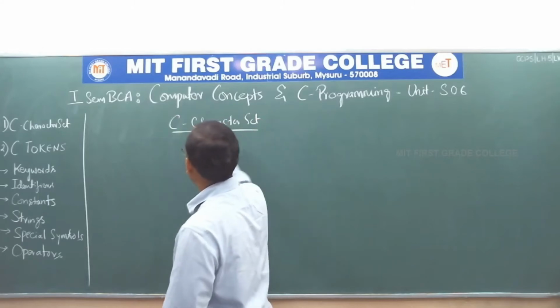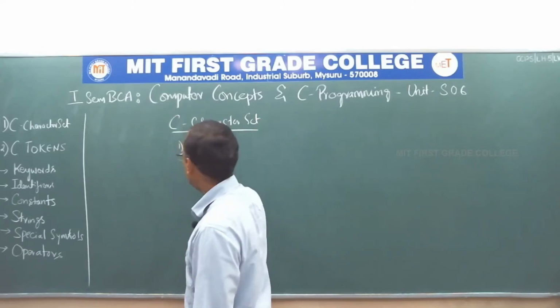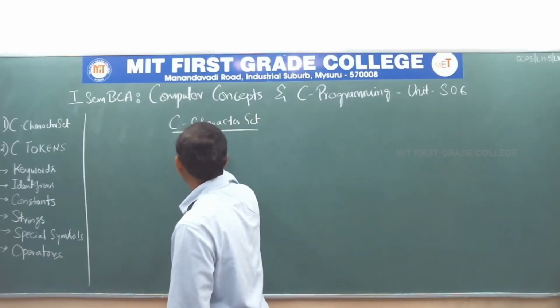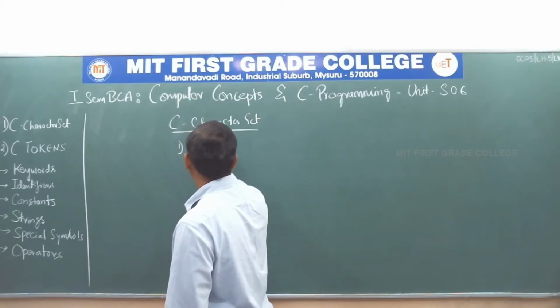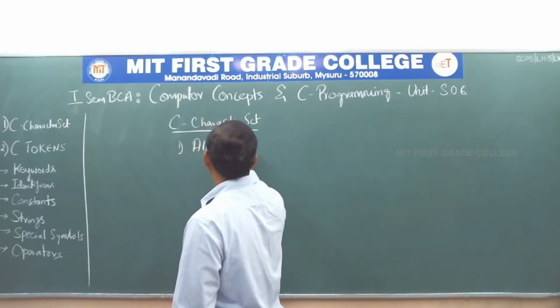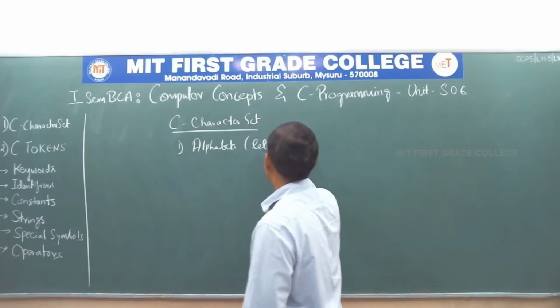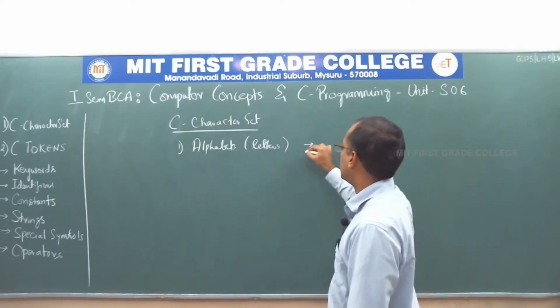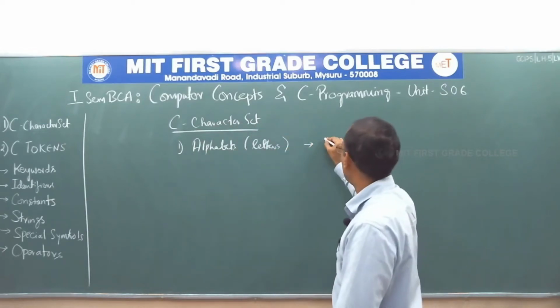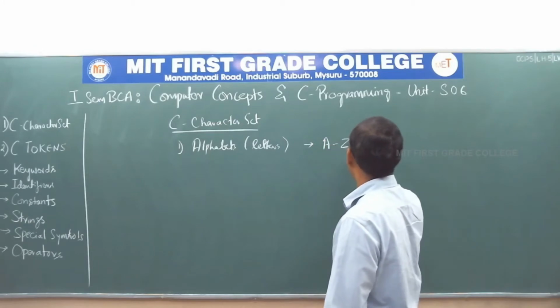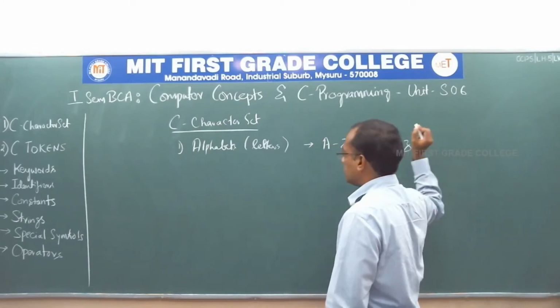The C character set consists of, first and foremost, the alphabets. Also, letters. What kind of letters? You have two cases of letters. One is the capital and another is the lowercase.